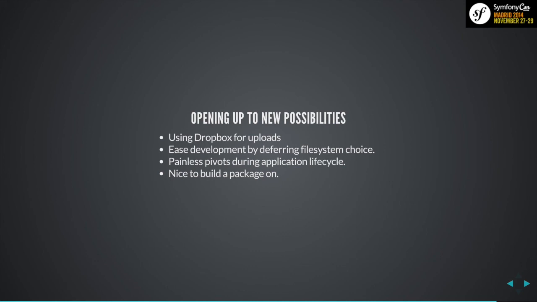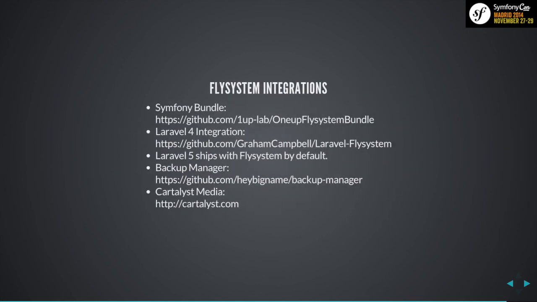And it's also nice to build packages on. So of course there's a Symfony bundle. The OneUp guys, they built a bundle for it. In Laravel 4 there's integration. Laravel 5 will ship with Flysystem by default, so everything file system related will be done by Flysystem there. There's a backup manager, which does database backups, and it has to talk to file systems.